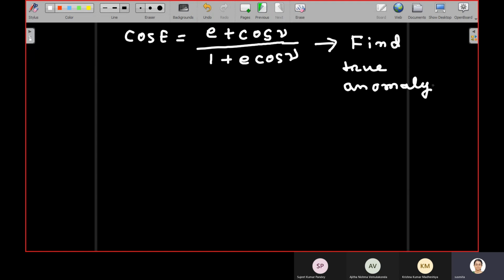Now here, after finding the true anomaly, there might be a sign ambiguity. That sign ambiguity can be resolved in one of two ways. Either you can find both cos and sin of mu, and then from there you find in which quadrant. So there are 4 possibilities, right? The real satellite can be in one of the 4 quadrants. So using both cos and sin, we can resolve that sign ambiguity.